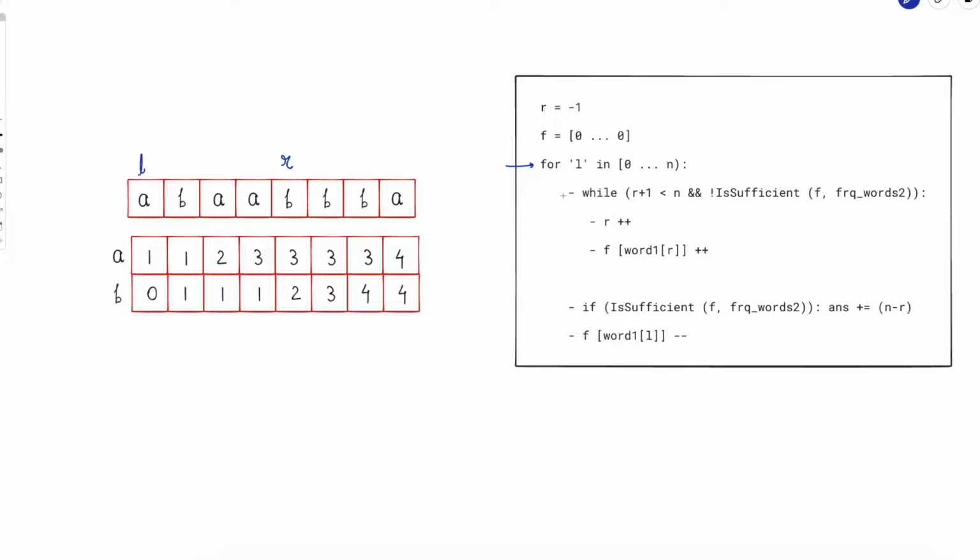So we will simply keep on incrementing the R. For each R, notice that you are calling some IsSufficient function, which will simply iterate over every character in this F array and frequency of words to array, and compare it and return true or false, whether this is sufficient or not. So this will take order C time, right?